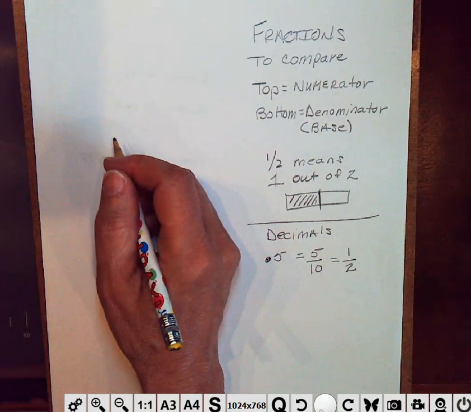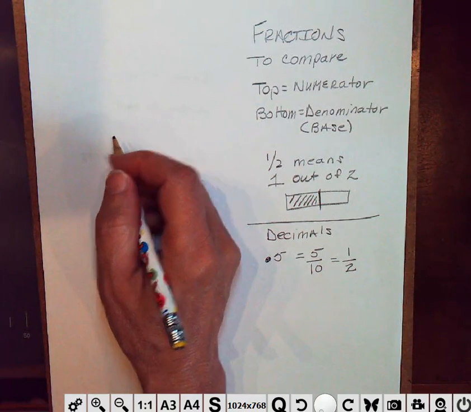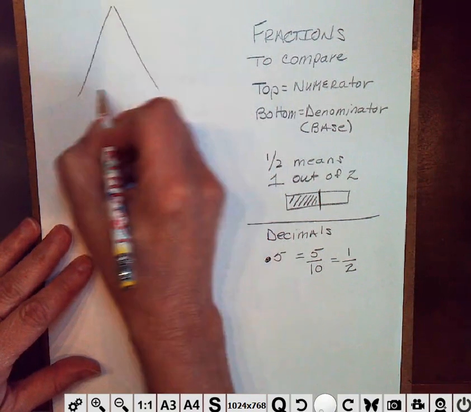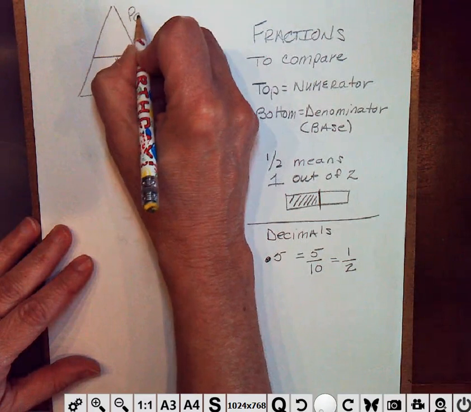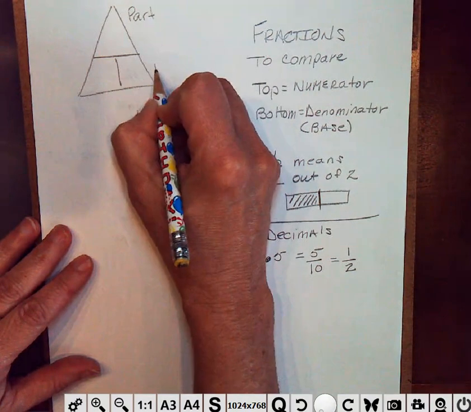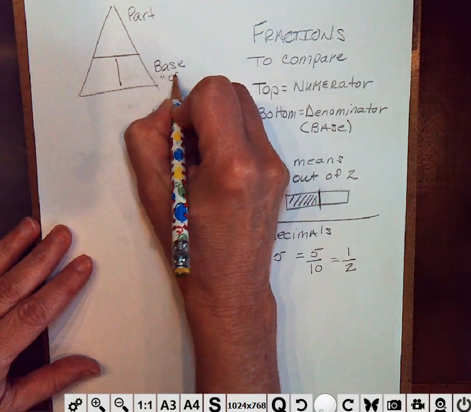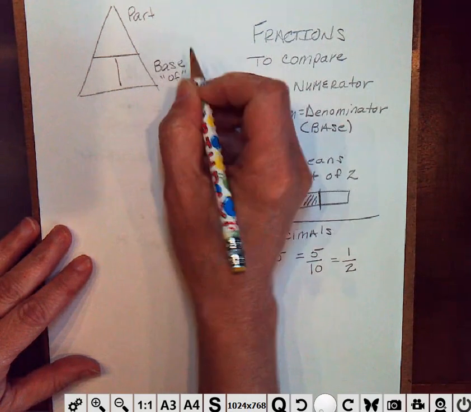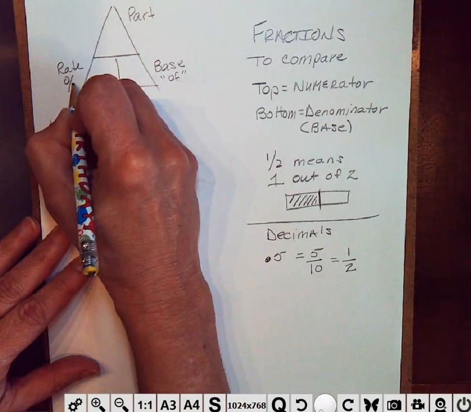So on page 85, B, this is the part, this is the base, this will follow "of" most of the time, this is the rate or the percent.